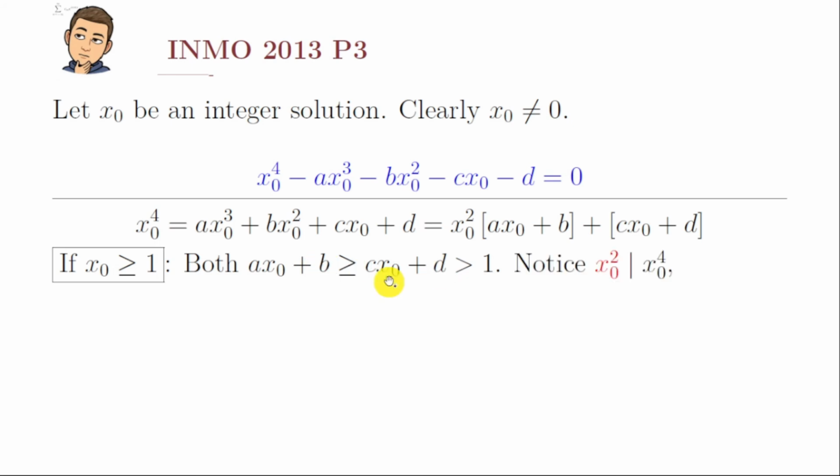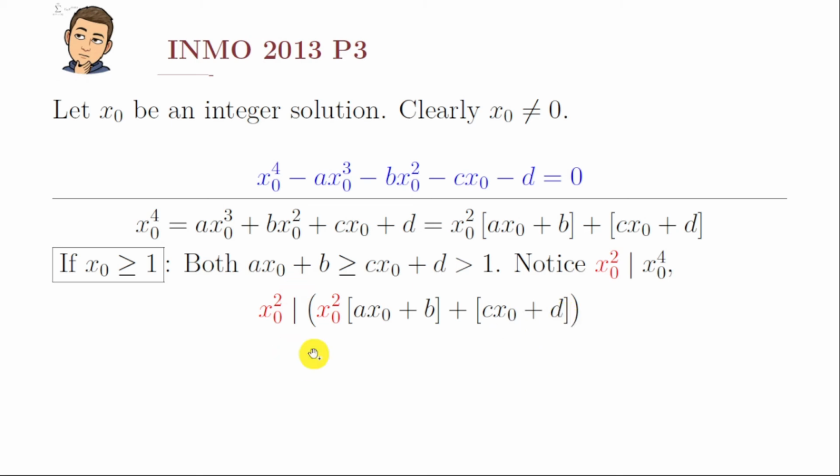And now notice that x0 squared, it is obvious, divides x0 to the power of 4. And this is crucial, because x0 squared divides all of this. This is just another way to write x0 to the power of 4, right? And notice here we have another x0 squared in the first term, x0 squared times (ax0 plus b), but we don't have x0 squared here.